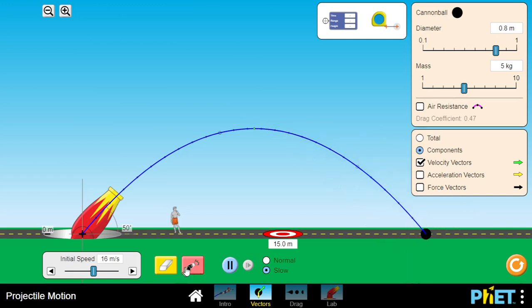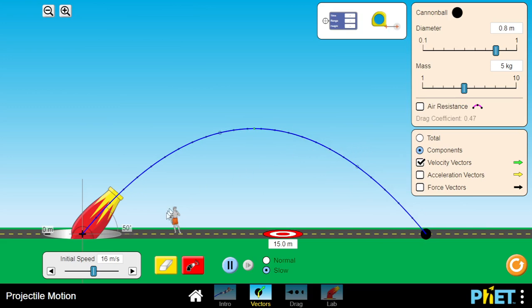Okay. If I turn air resistance on, then there would be. And you can see this green arrow is getting smaller and smaller and smaller, and therefore it goes less far. But in mechanics, we tend to do it without air resistance, which makes things a lot simpler. And it means that there's no force on the cannonball horizontally, so the velocity stays the same throughout.